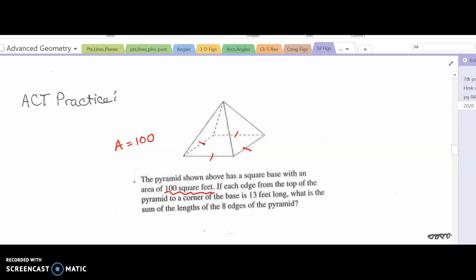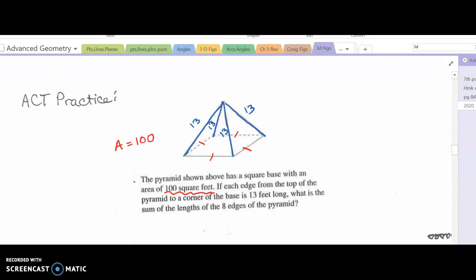If each edge from the top of the pyramid to a corner of the base is 13 feet long, what is the sum of the lengths of the 8 edges of the pyramid? All right, so if the edge from the top of the pyramid to the corner is 13, that means here is 13, here 13, here is 13, and here is 13.